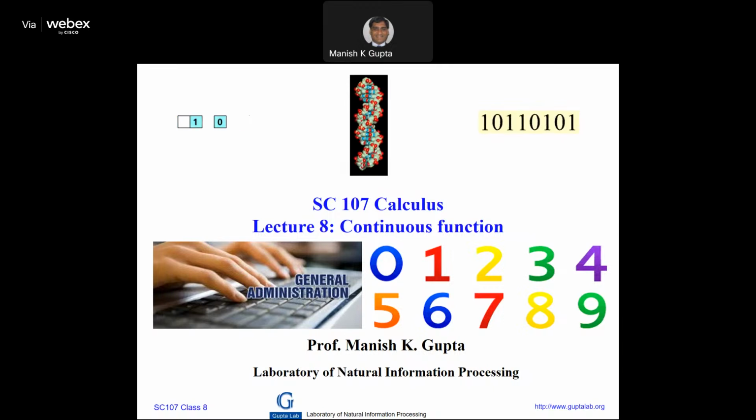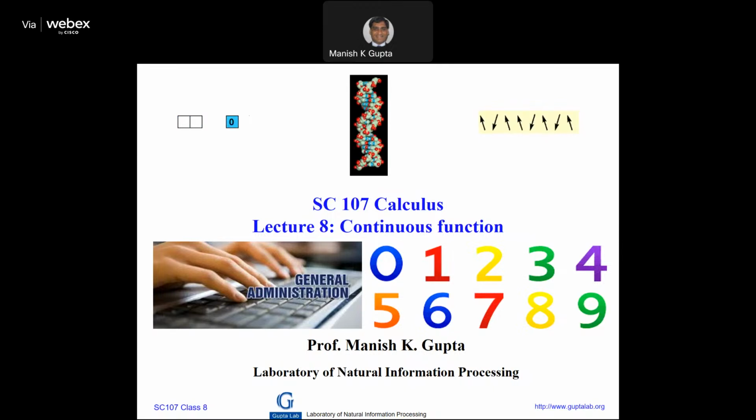Second thing, another important thing is uniform continuity. Many times what happens, continuity of a function is independent of points. So basically, I'll show you in the epsilon delta definition.